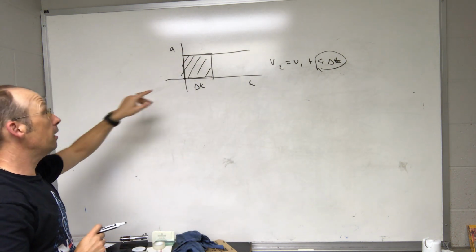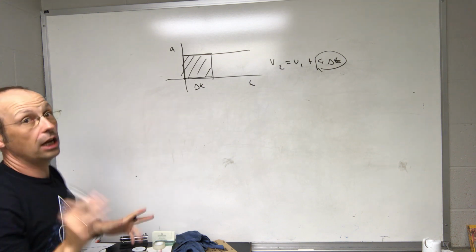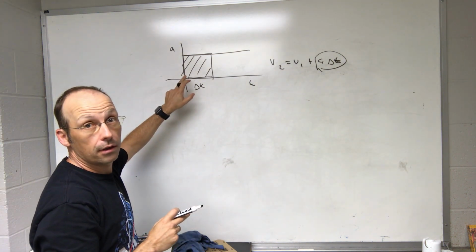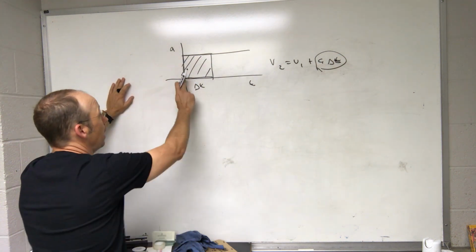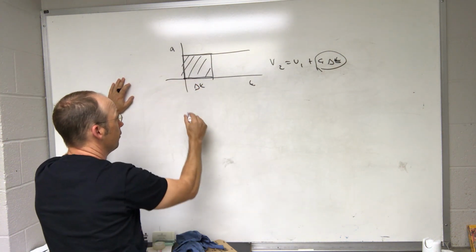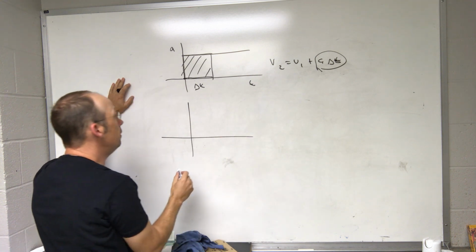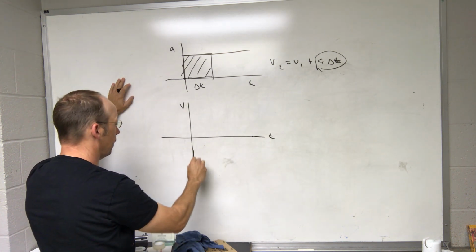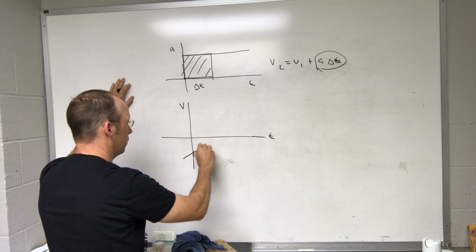So the area under a delta t gives me the change in velocity. It doesn't give me the velocity because I need to know what it started with. But you can see as I move along, the velocity is going to be increasing. So that would mean the velocity versus time graph would look something like this. I'm going to put it down here.